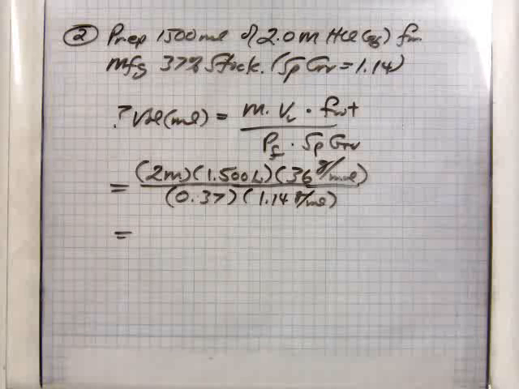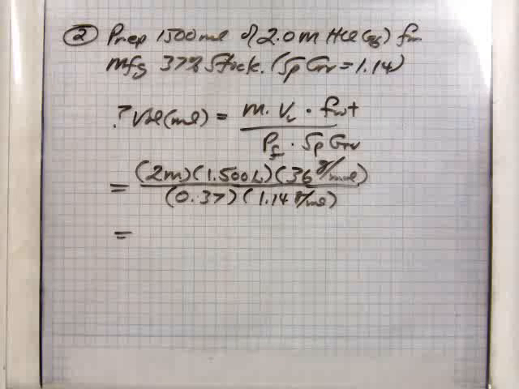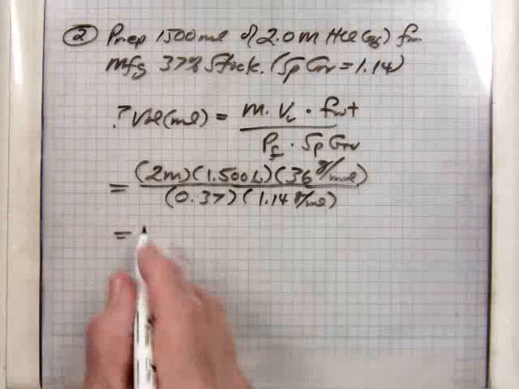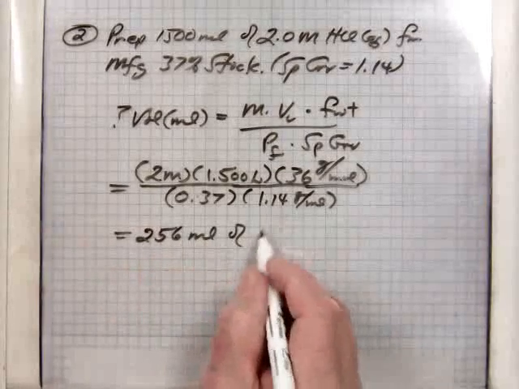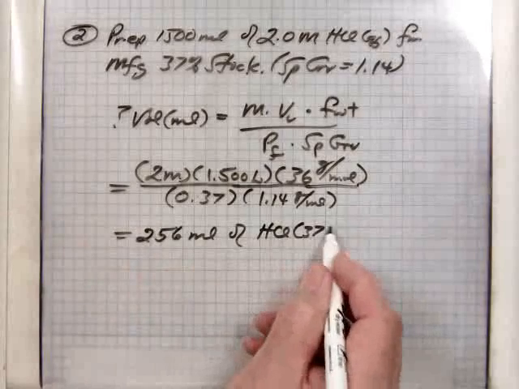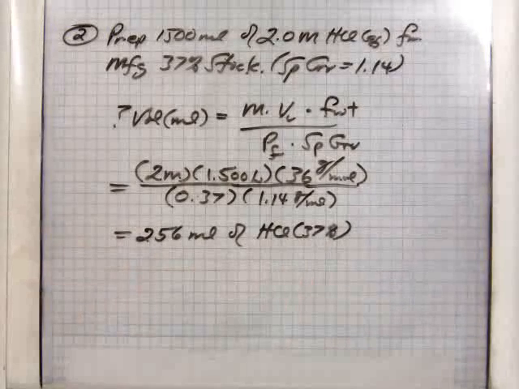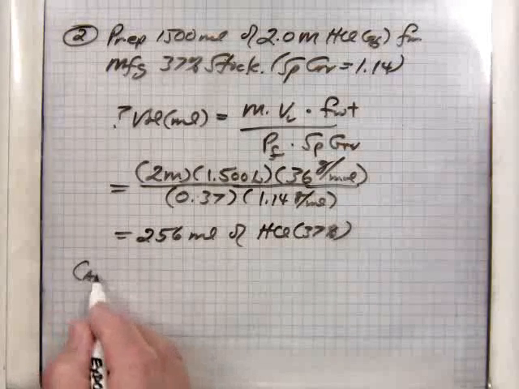So that'd be 2 times... I get 256 milliliters of HCl 37%.